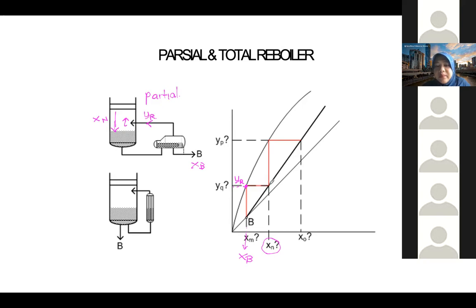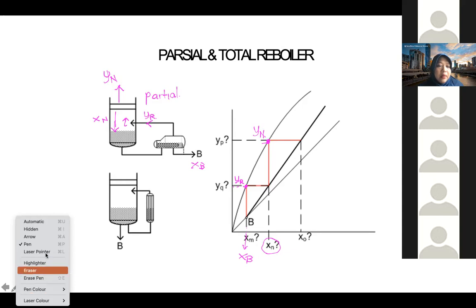If we want to find the YN, the vapor leaving tray N, then we have to read it to the equilibrium line and then read it to that side. So this is going to be your YN in the partial reboiler.